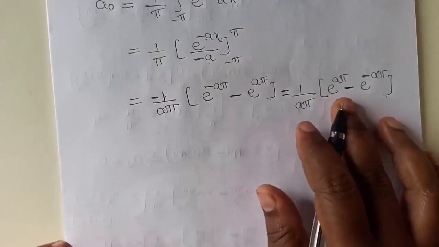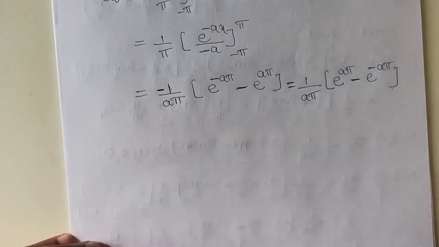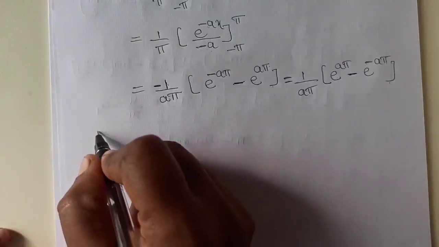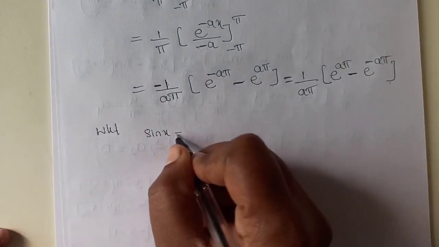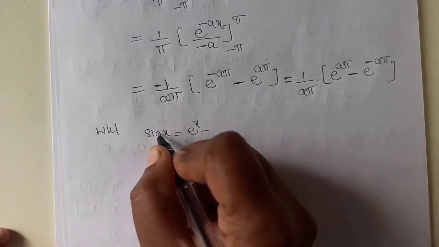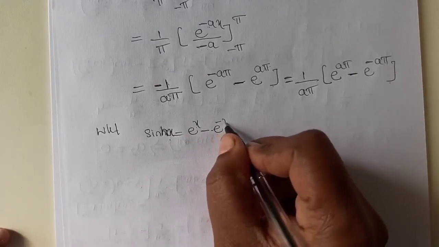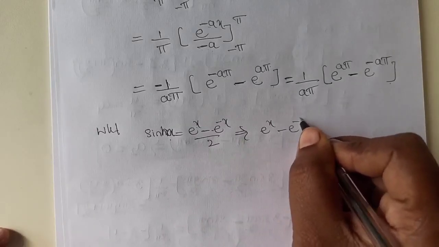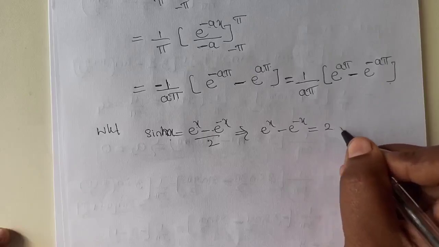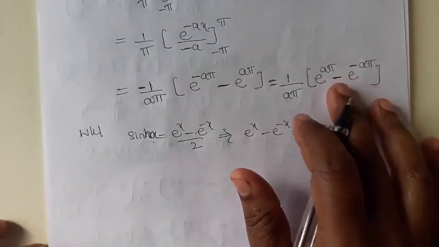So we know the formula: sinh x = (e^x − e^(−x))/2, or e^x − e^(−x) = 2 sinh x.